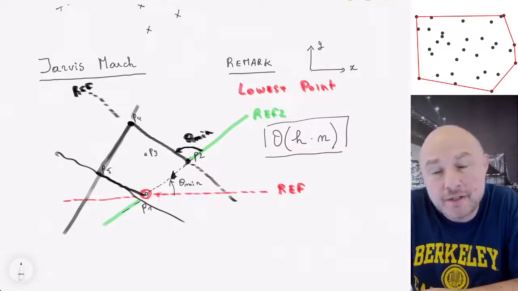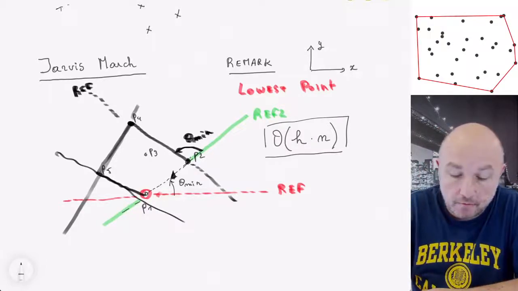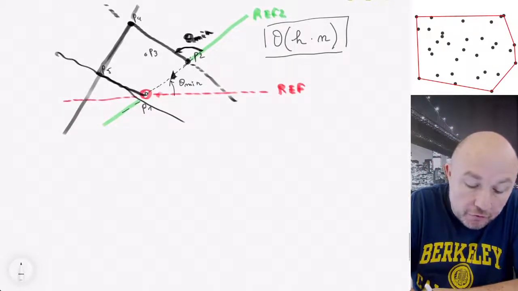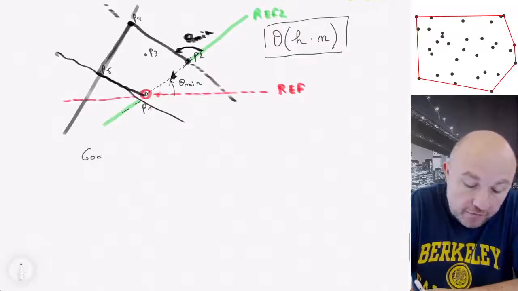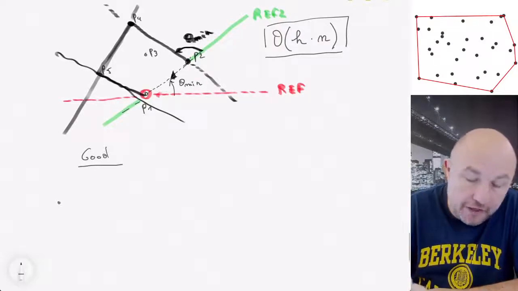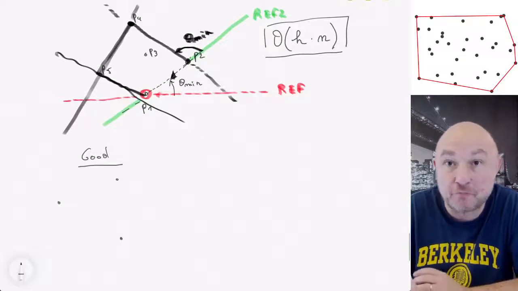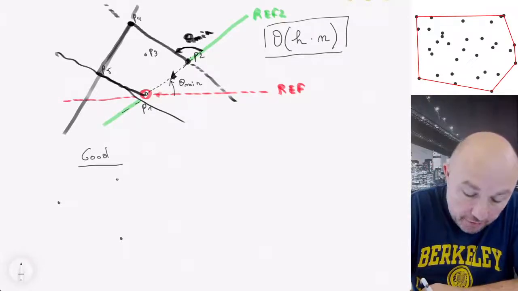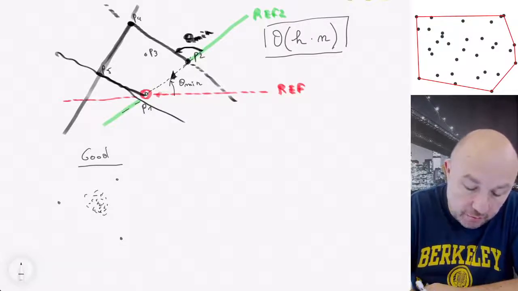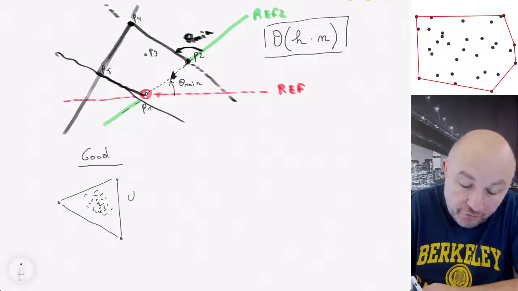Is it bad? Is it good? Depends. It could be very good if we have the smallest possible convex hull of a set of points, which is a triangle, and all the other points are inside. The complexity here will be of the order of 3 multiplied by n, which is superb.